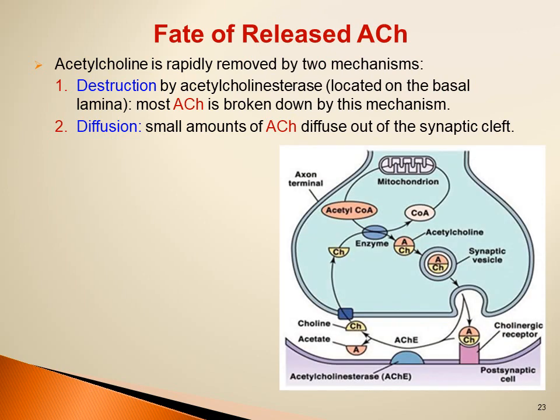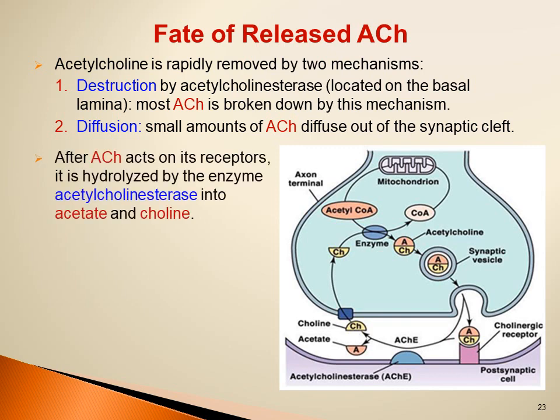So here we see the fate of acetylcholine once it is destroyed by the enzyme acetylcholinesterase. The choline will be actively transported back into the presynaptic or the synaptic terminal. Then, in the presence of the enzyme, acetyl-CoA will be combined with choline to produce new acetylcholine that will be transported through the acetylcholine hydrogen exchanger into the synaptic vesicle in preparation for the next cycle of exocytosis.